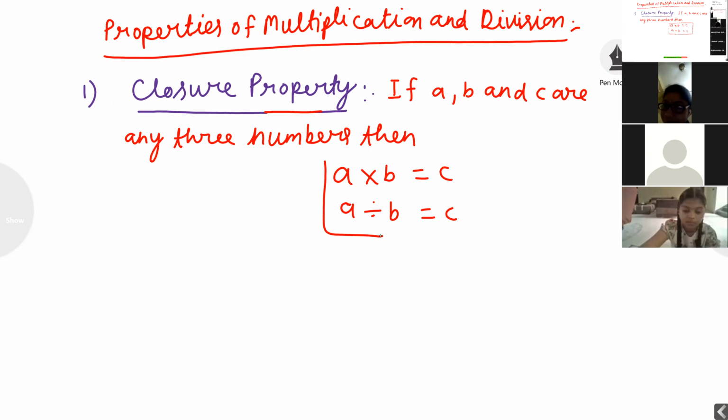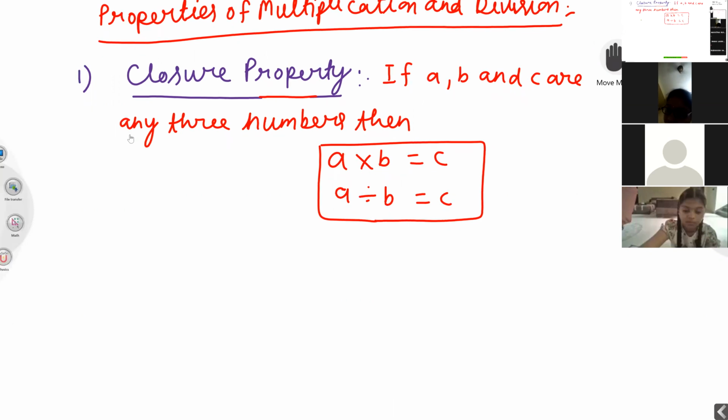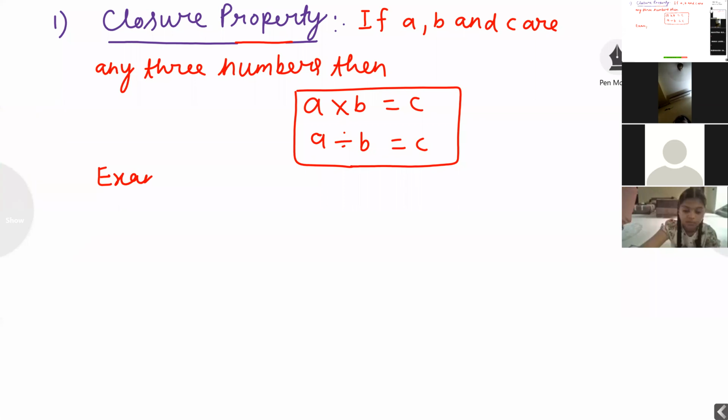Example, 5 into 2 is equal to 10. Second example, 10 divided by 2 is equal to 5.